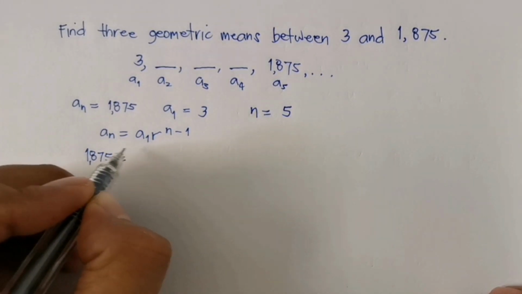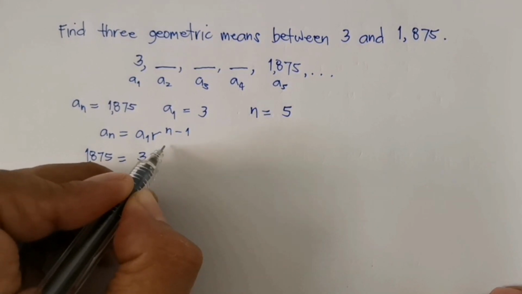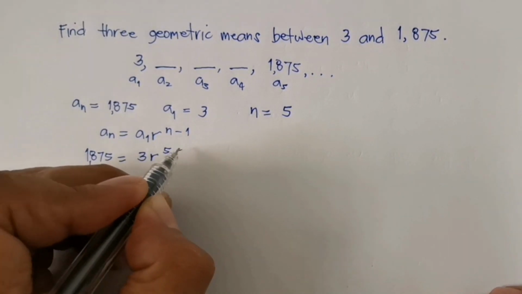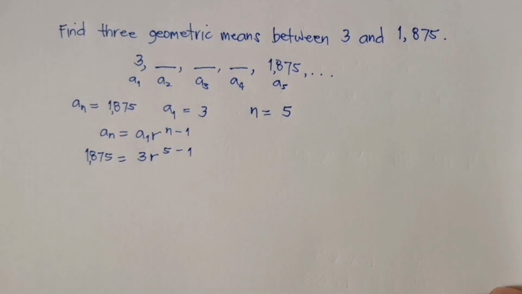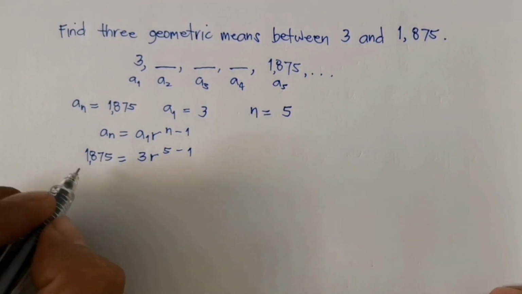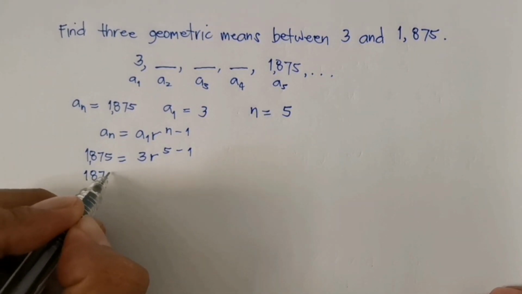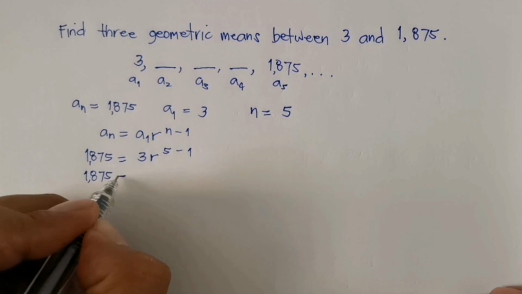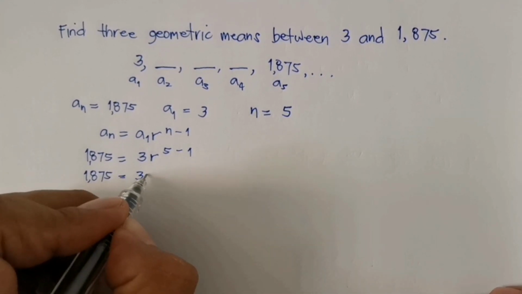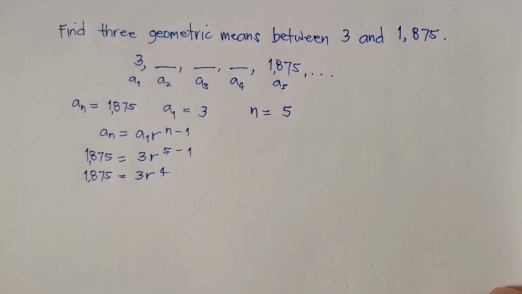A sub 1 is 3. r is the unknown, raised to 5 minus 1. Okay, so solve first the exponential form. 1,875 equals 3 times r. 5 minus 1 is 4.